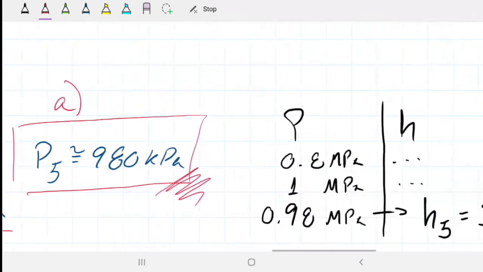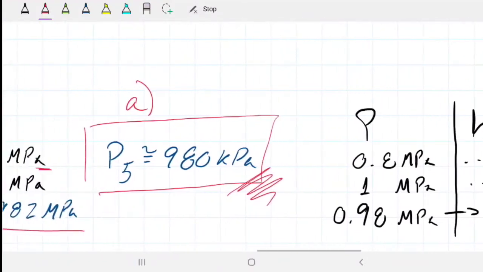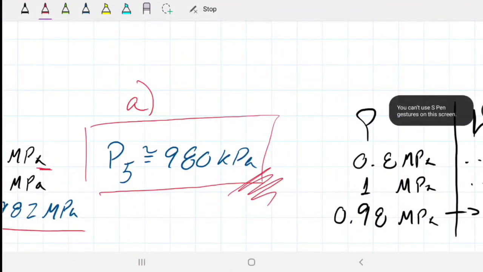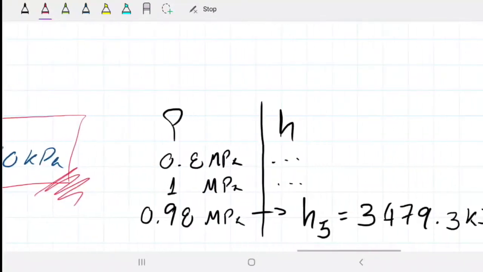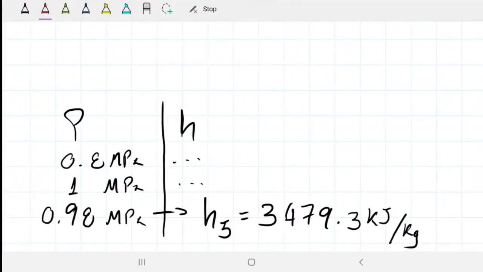Okay, now that I know my state 5 completely, I can go ahead and find the entropy the same way. There's two ways you can do it.